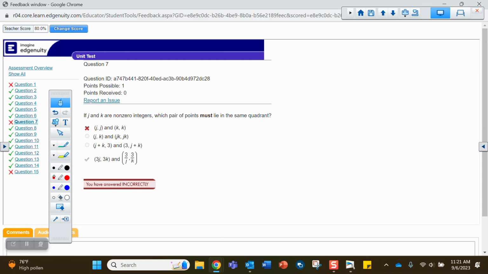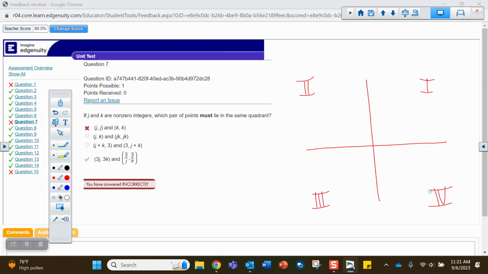Question 7 is talking about the quadrants on the coordinate plane and if you graph certain points, which ones are going to be guaranteed to stay in the same quadrant. So remember, quadrants are numbered with Roman numerals working counterclockwise around the grid starting in the upper right-hand corner.